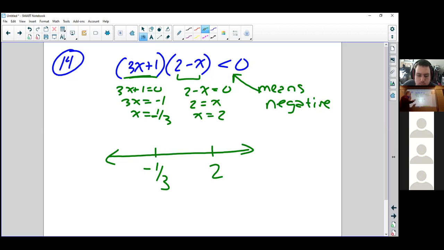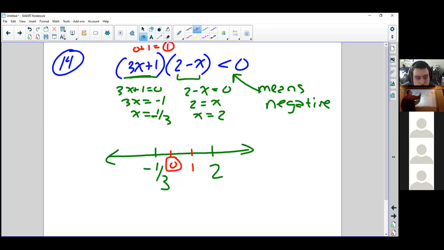Okay, so my sign line will either be plus minus plus or minus plus minus. So I need to figure that out. Could I pick a number here? I know I got 0, I got 1 that fit in there. So I can pick one of those and plug it into my original to see if it gives me a true statement or a false statement. So let's pick 0, plug it in. 3 times 0 is 0, 0 plus 1 is 1.